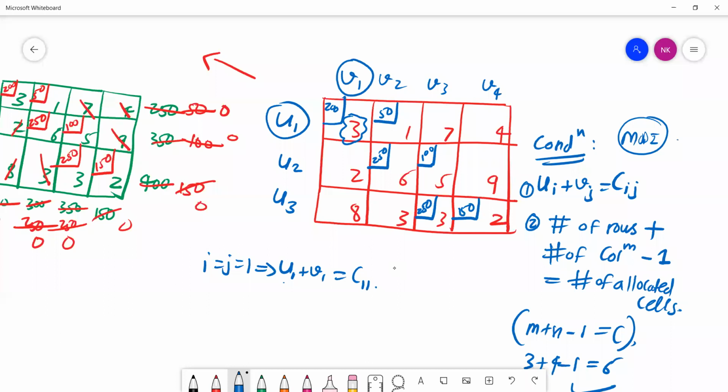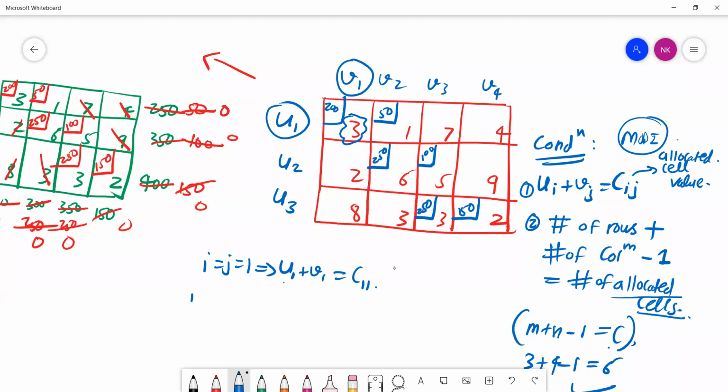It is the cell value. Or better, I will write allocated cell value. Over here also C stands for the allocated cell value.